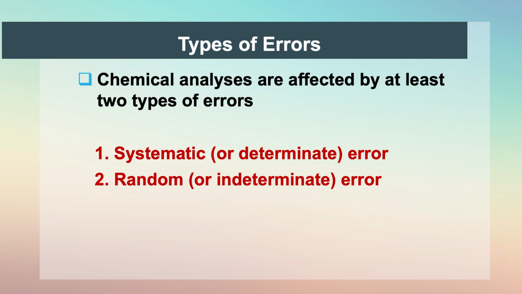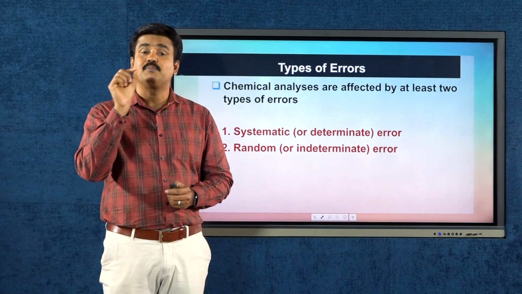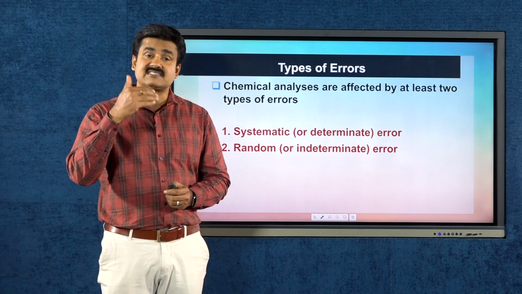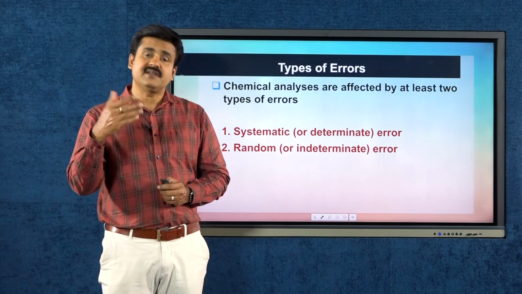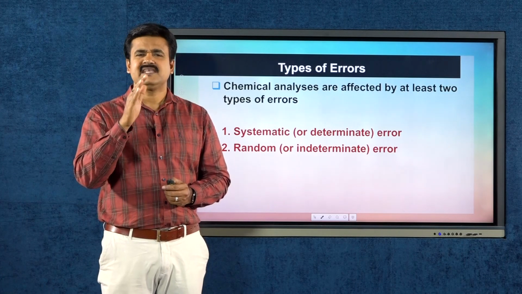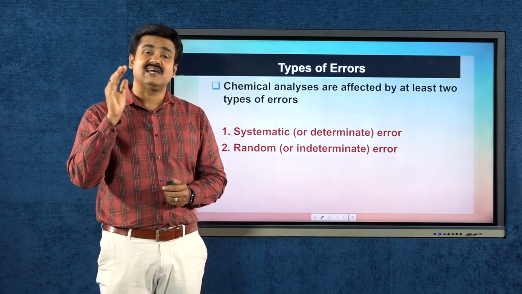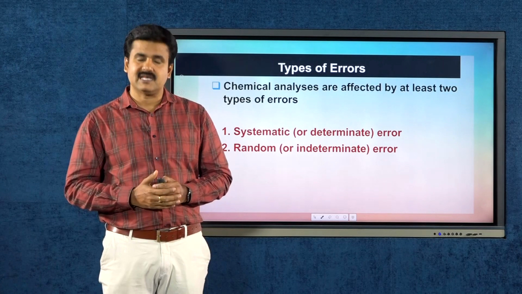However, the second category of error is random error. The random error is otherwise called indeterminate error. It is not possible to find out the exact reason behind indeterminate error, and also it is not easy to quantify or rectify the random errors.